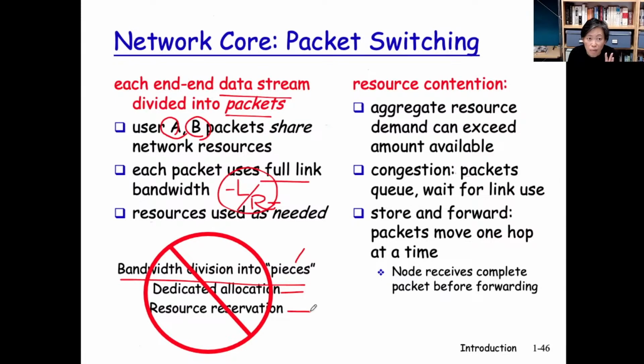Packet switching can potentially be very efficient, especially for short data streams. Think about the resource reservation delay, the call setup time. It can be pretty long, and if you have a very short data stream, then, hey, the overhead relative to the entire need of sending data is high.